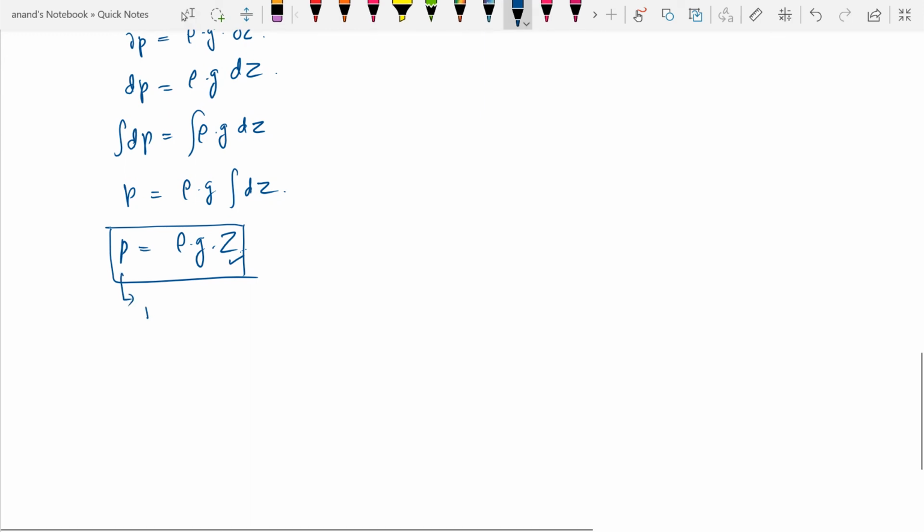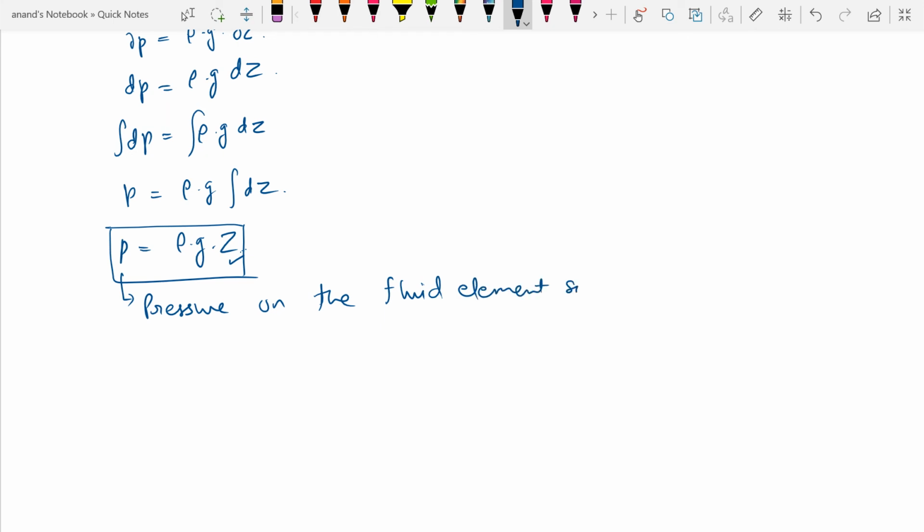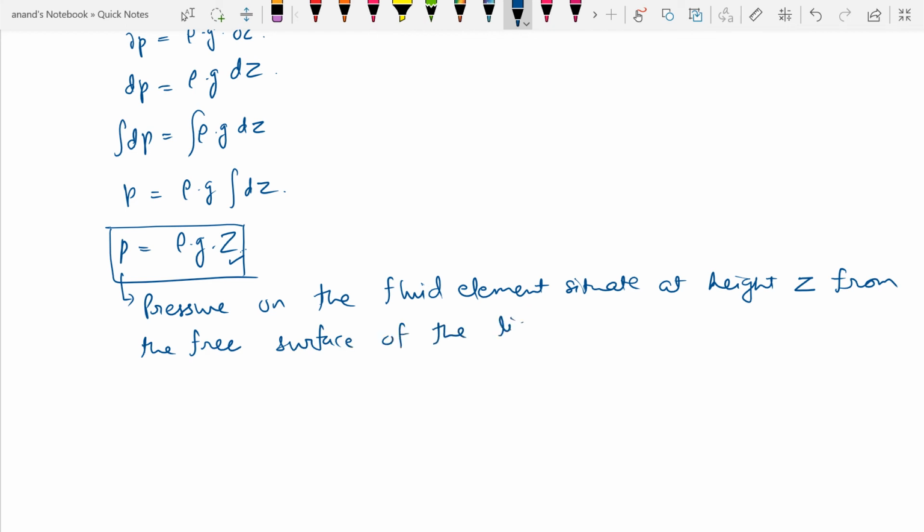So this is the pressure on the fluid element situated at height Z from the free surface of the liquid.